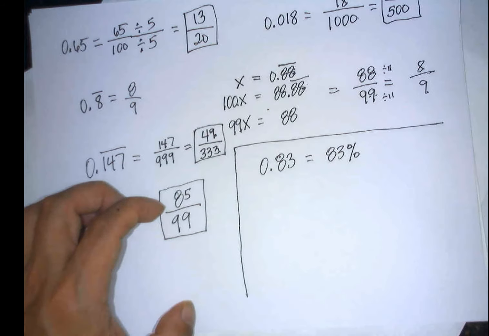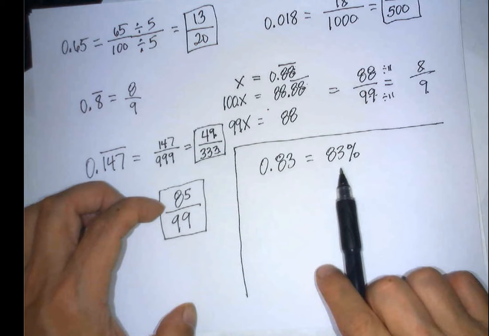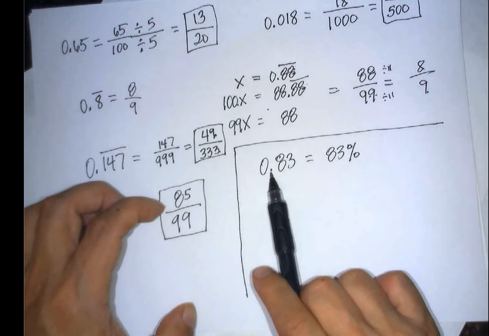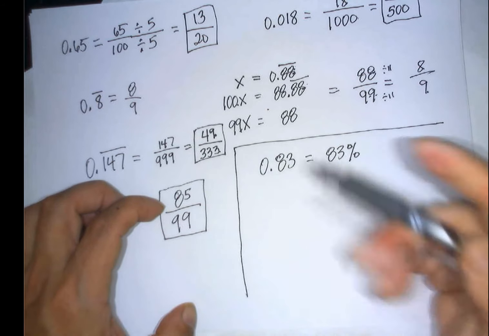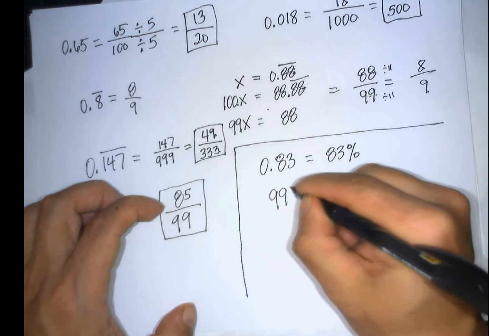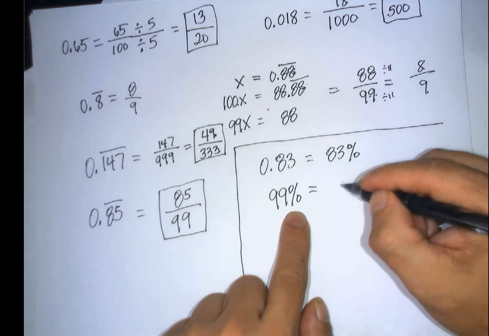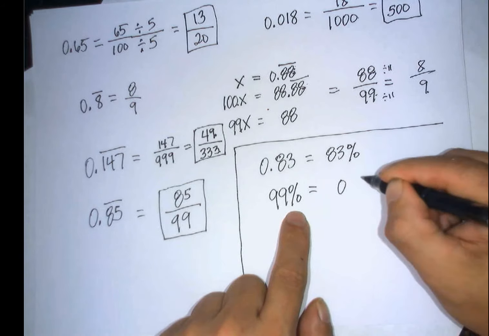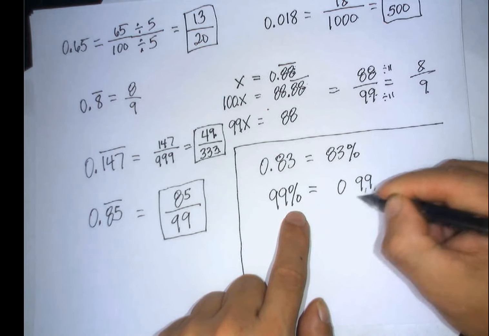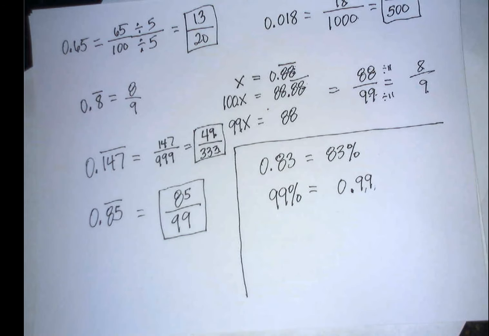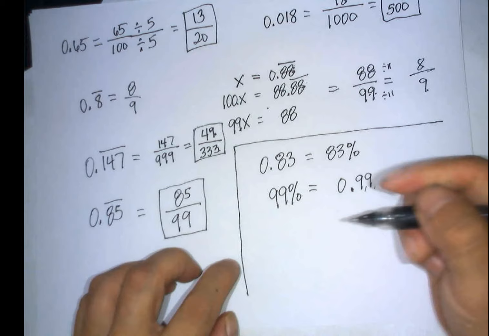Now to go backwards from percent to decimal, we move the decimal to the left twice and drop the percent sign. So if I'm 99% sure of something, I drop the percent and I move the decimal 2 places to the left. So 99% is 0.99.